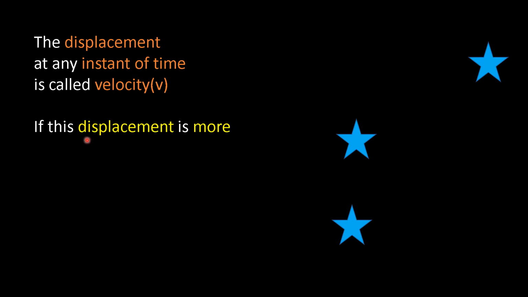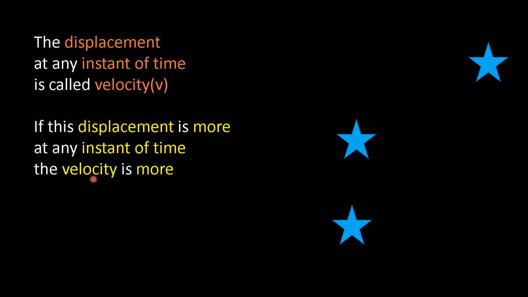If this displacement is more at any instant of time, the velocity is more. Here, the star's displacement at any instant of time is more. Therefore, the speed of this star is more.